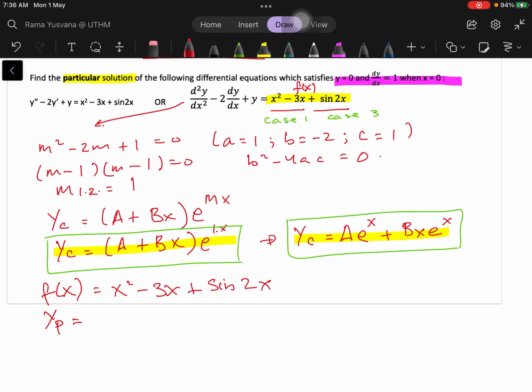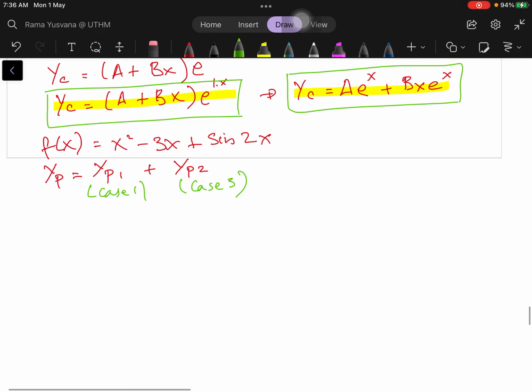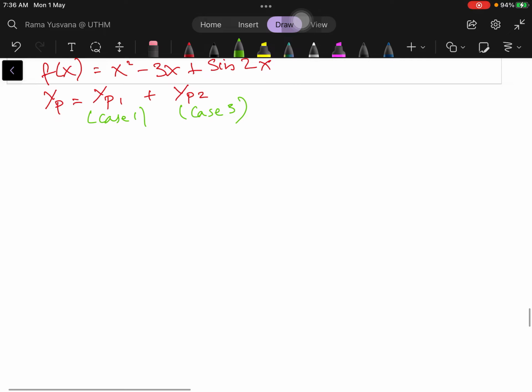So we expect our particular integral to be in the form of yp1, particular integral 1, plus particular integral 2. This one is case 1 and this is case 3. We get it using case 1 and case 3.